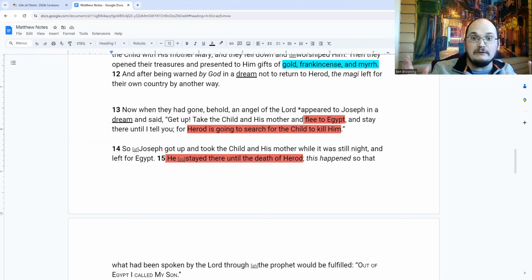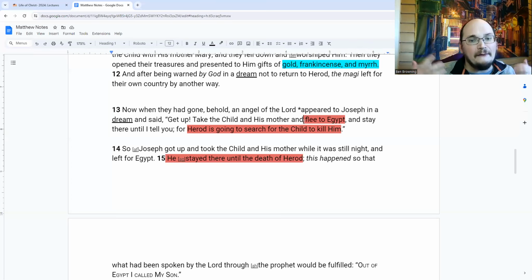Well, now what do we see? We see the reverse. There's a wicked king where? The wicked king is in Israel, in the promised land. And where do they have to flee to get to safety? Egypt. So you're supposed to look at this and say, what has happened? If we look at Exodus, Egypt is the place where we fled to get away from danger and captivity.